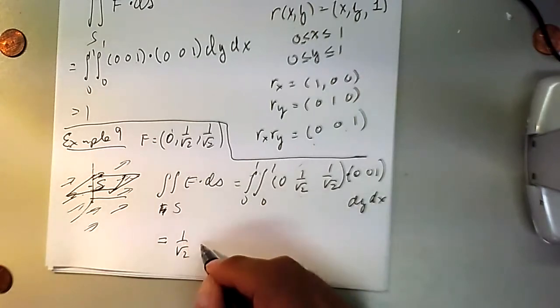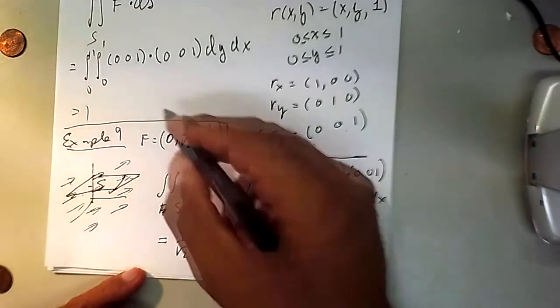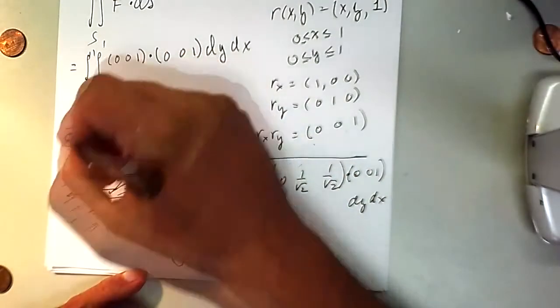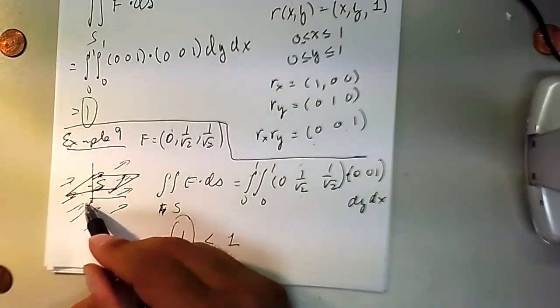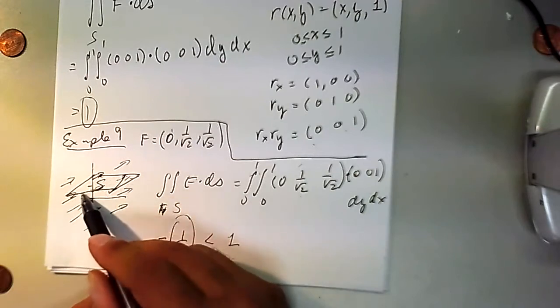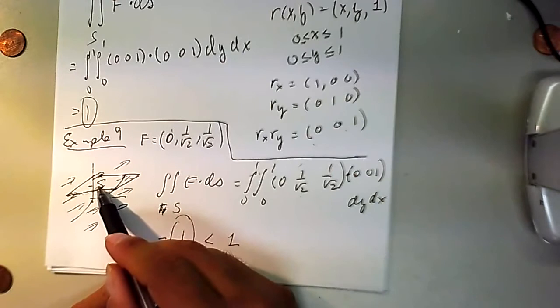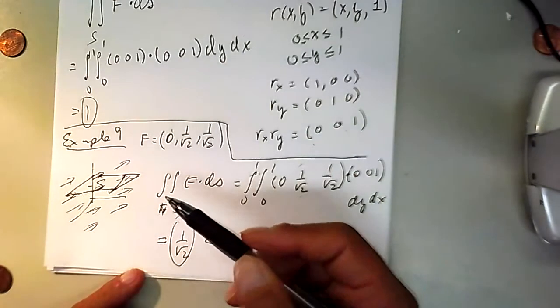And that's going to give us 1 over the square root of 2, which is less than what we obtained back here, 1. So the answer is 1 over the square root of 2, just like up here the answer is 1. So going in this direction is going to be less efficient at catching the flow. We're only going to be catching 1 over the square root of 2 as opposed to a whole 1.